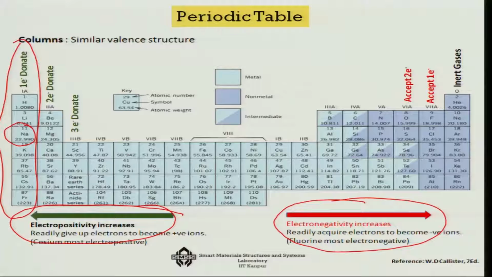The next group can give 2 electrons instead of 1 electron. And the most important metals that come into the picture, something like magnesium, are very important. And then there is an even lesser degree of electropositivity, where 3 electrons can be donated by rare earth materials like yttrium, etc. As we travel towards the right side, we get lesser and lesser electropositivity.